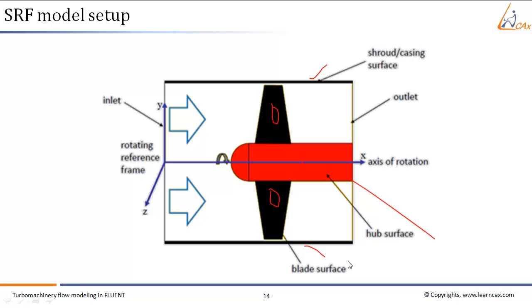For this problem, we can define the x-axis as the rotating reference frame axis. And we can model this problem using the moving reference frame. We also have the inlet boundary condition and the outlet boundary condition. And the shroud and the casing surface and the inlet and outlet are surfaces of revolution.